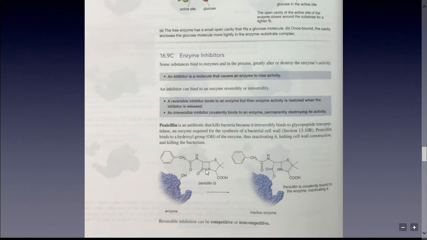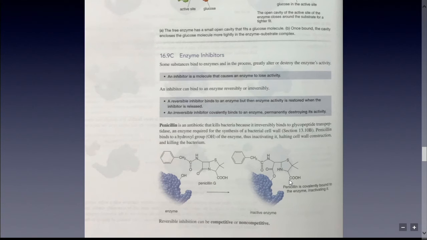And so the way that works is this carbon now is going to bond to, instead of this nitrogen, it's going to bond to that oxygen. And this hydrogen is going to bond to that nitrogen to fulfill that. And then you end up with this situation here. And that's going to be a covalent bond there. So that covalent bond, which again is not an ester, is going to be keeping the penicillin on that enzyme, rendering it inactive.